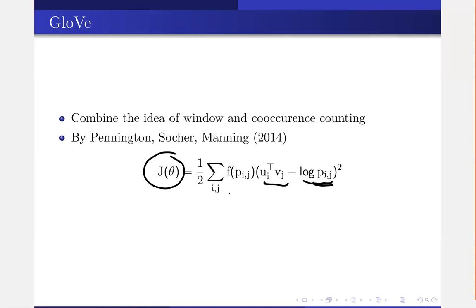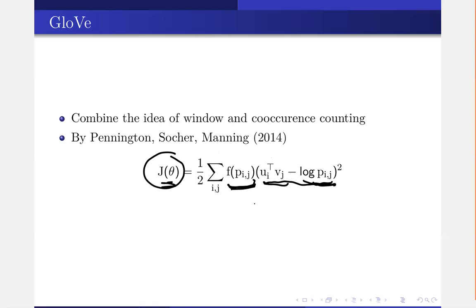And we have this f(Pij), which is just a scaling factor that is trying to scale the co-occurrence. Basically, we minimize this loss as a weighted sum of the squared difference between the inner product of ui and vj and log Pij, weighted by f(Pij), which is based on how likely they are to co-occur.